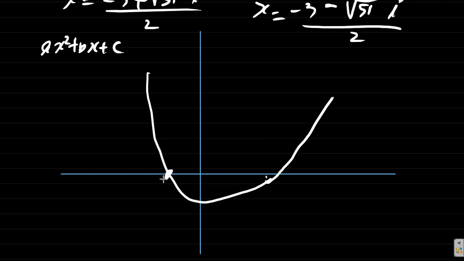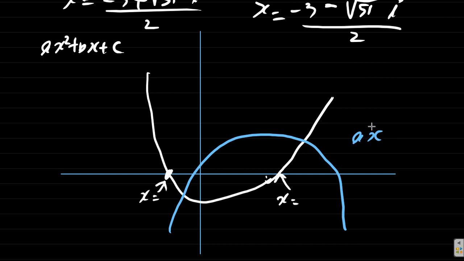And the roots occur at the points where the curve cuts the x-axis, where the curve intersects the x-axis. You also remember that if you have a negative a, the graph will turn down. It will have a maximum point. When a is positive, it has a minimum point. When a is negative, it has a maximum point.